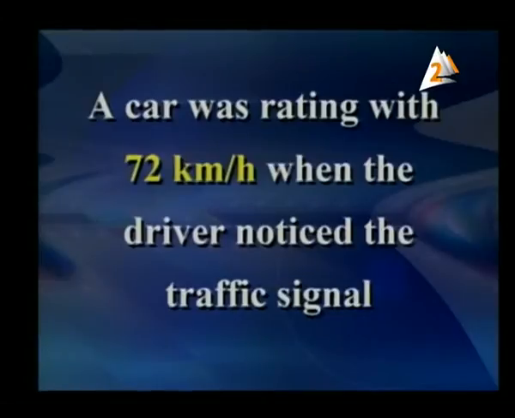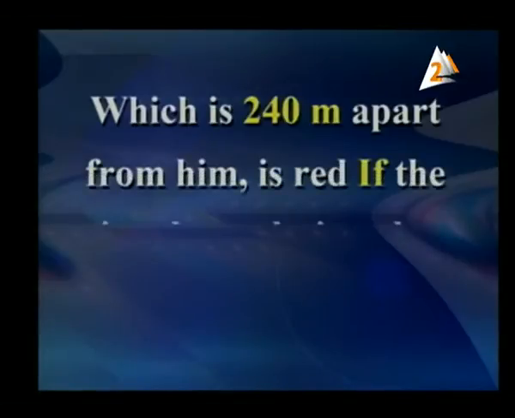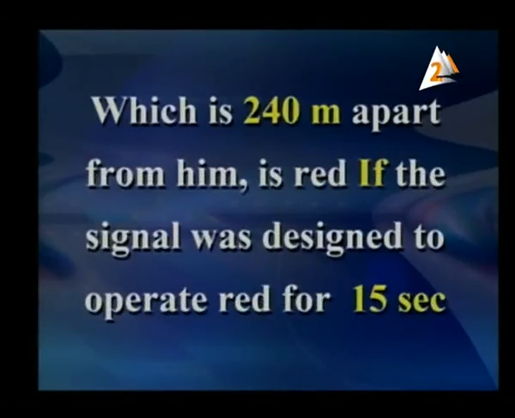A car was moving with 72 km per hour when the driver noticed the traffic signal, which is 240 meters apart from him, is red.